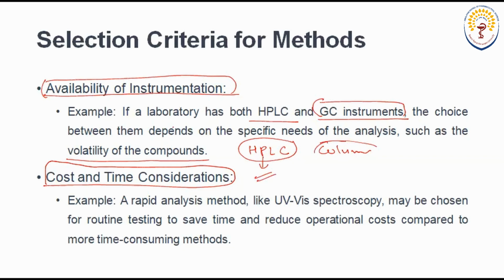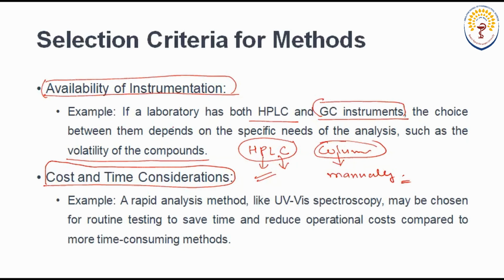Column will also do the job, but the problem with column is that a lot of time is consumed, and after running the column you have to manually check the amount of each component in the sample, whereas HPLC will give everything recorded in the computer.